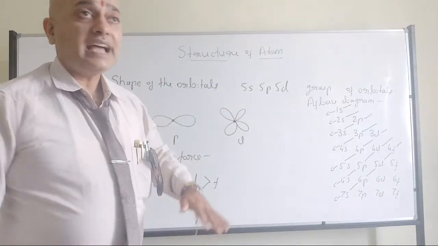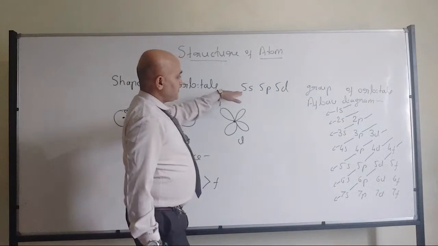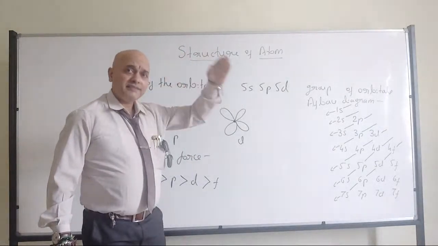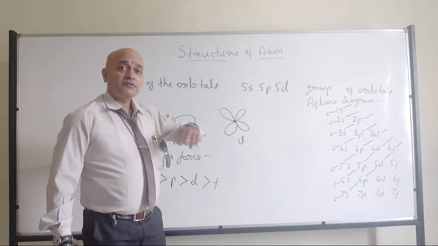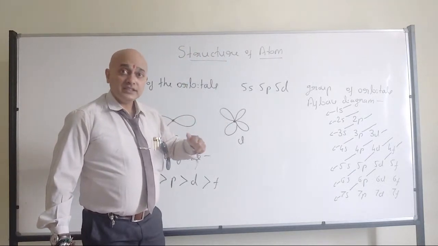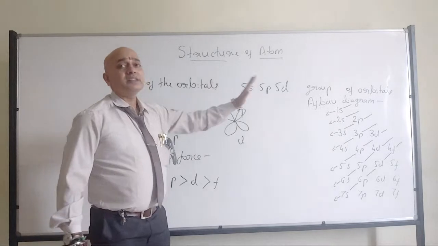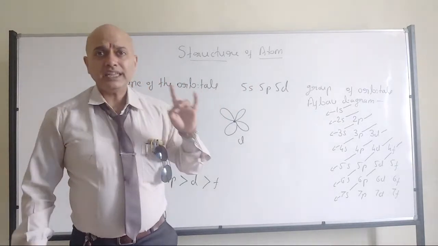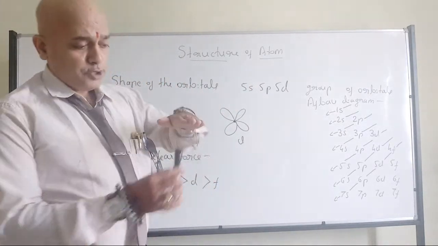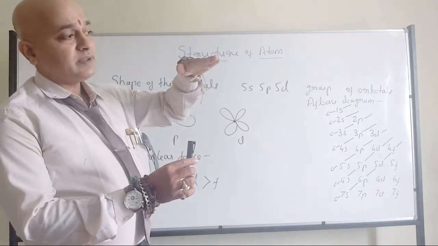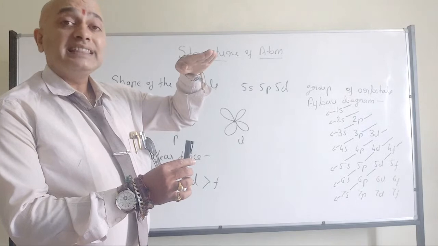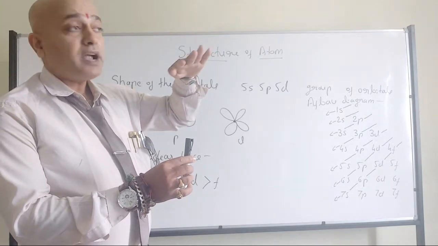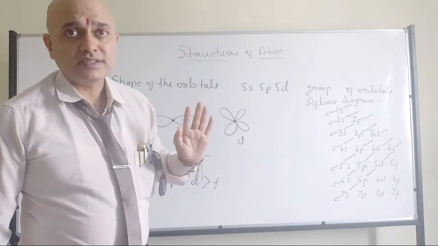Or I can tell that in the outermost shell, or when you move away from the nucleus, s subshell electrons are the ones which will feel less shielding effect compared to other subshell electrons. That's what you can keep in your mind.